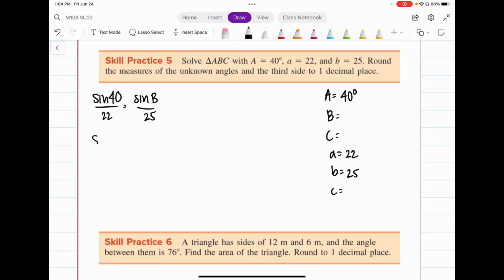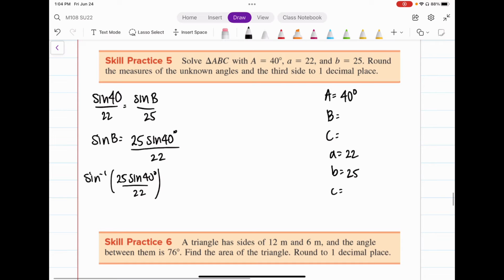Multiplying both sides by 25, we get that the sine of B is going to be equal to 25 times the sine of 40 over 22, or the inverse sine of 25 sine of 40 degrees over 22 is equal to 46.9 degrees.